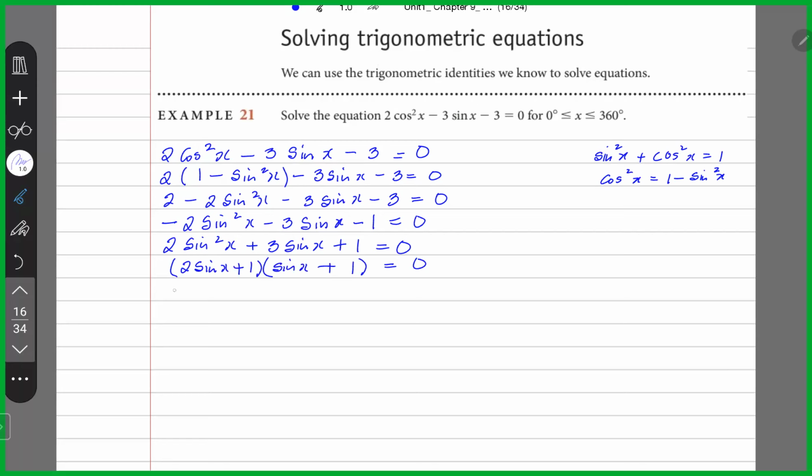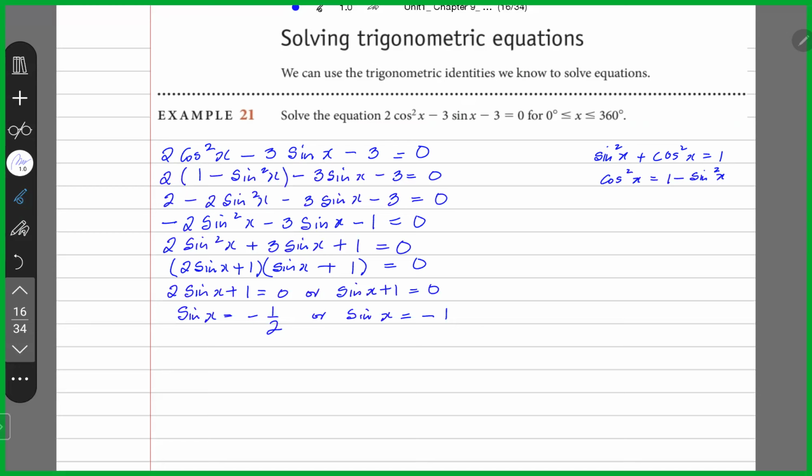Now I'm multiplying two things and getting 0, so it's either the first is equal to 0 or the second is equal to 0. So sine x is equal to minus a half, or sine x is equal to minus 1.